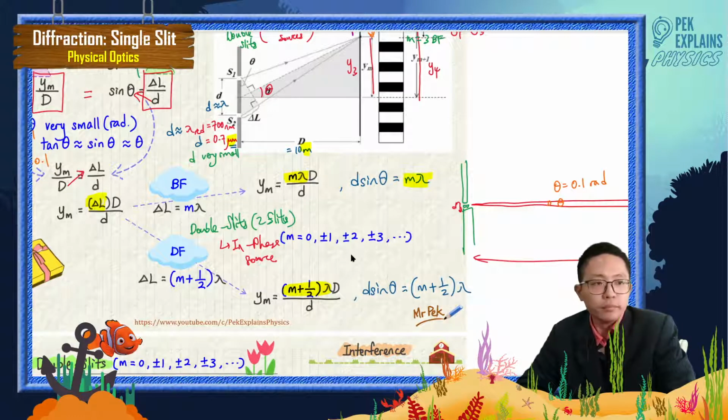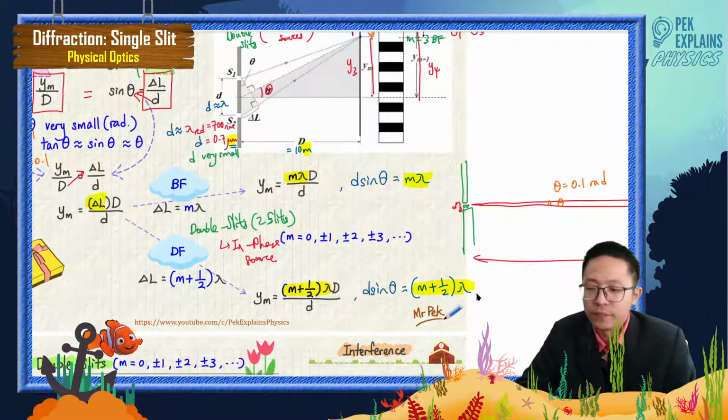So for the double slit dark fringe, actually it has two formulas. One is ym equal to m plus half lambda D over d. The second one is d sine theta equal to m plus half lambda. You see, if d sine theta has m plus half lambda, then the ym also has m plus half lambda.